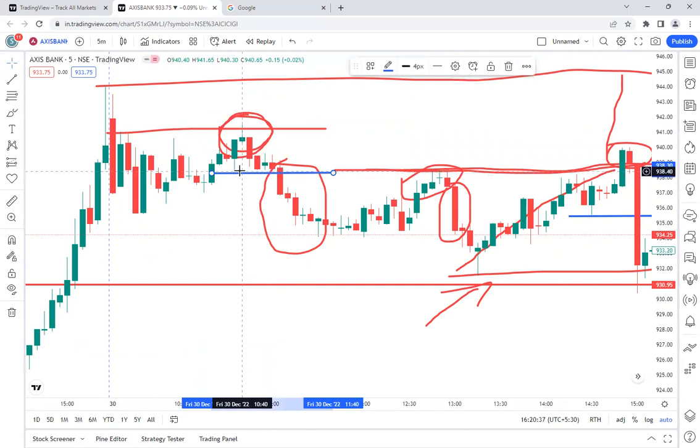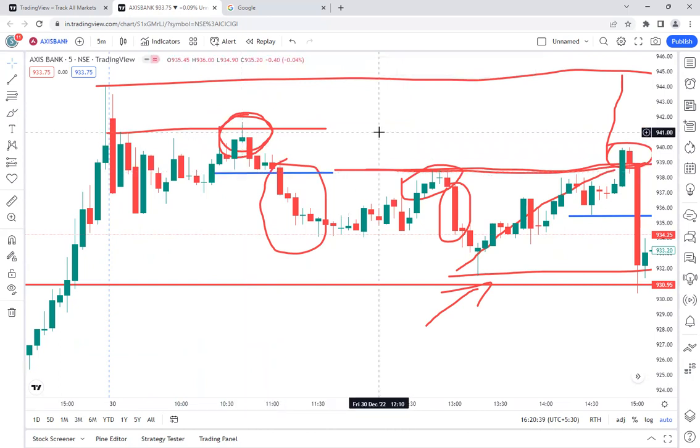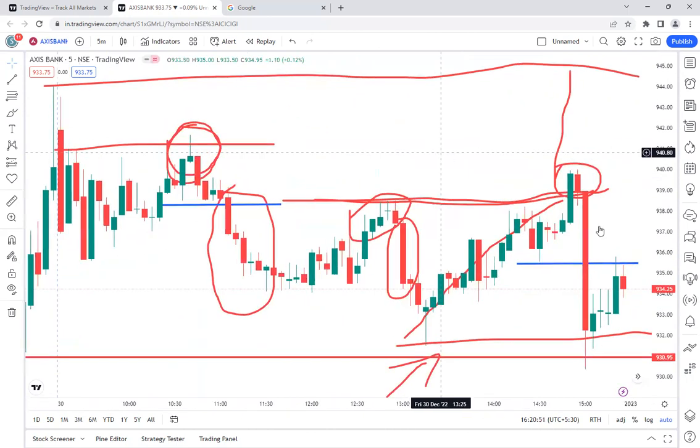So keep your stop loss as small as possible, and make sure that it is below the last higher low for the buyers, and it should be above the last lower high for the sellers.